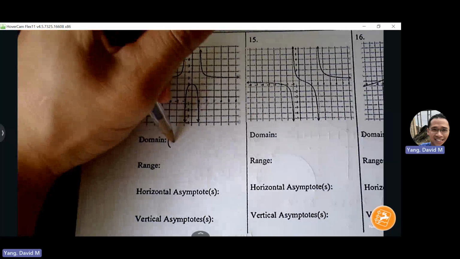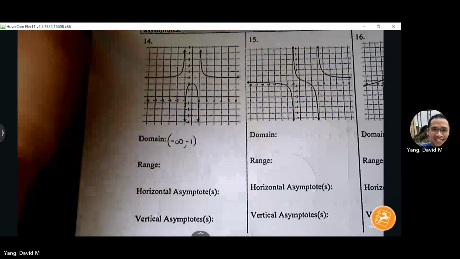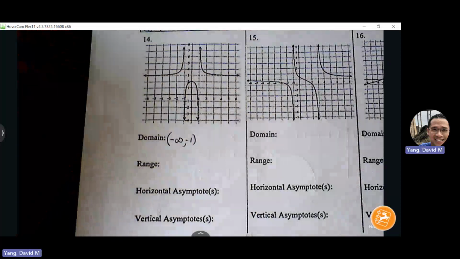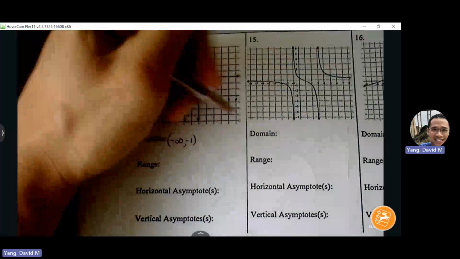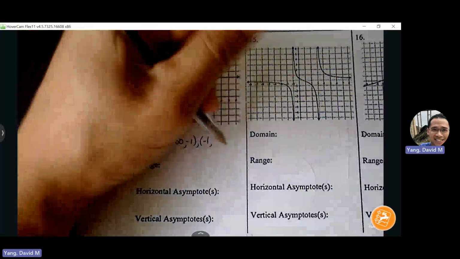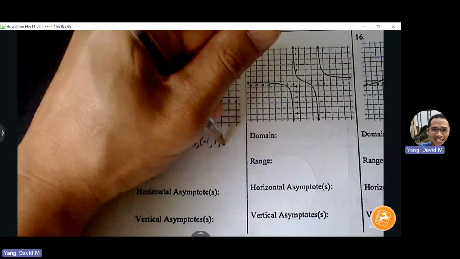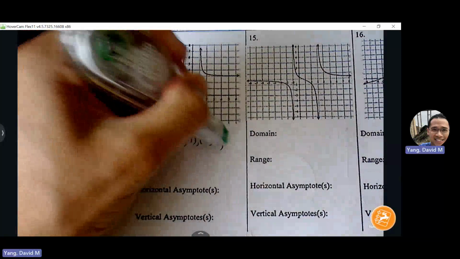I'm going to say from -infinity to -1, and then there's a break. That asymptote is going to cause me to jump to this second branch, so from -1 to 1, and then another break, and then from 1 to infinity.